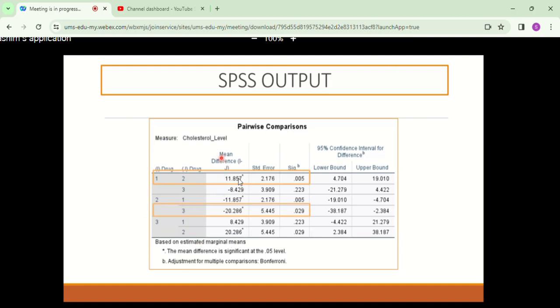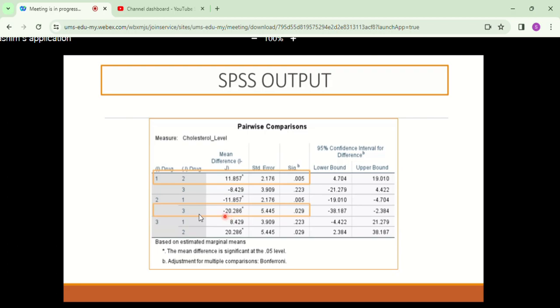So, kalau the mean difference adalah negatif, dia tulis itu I tolak J dapat negatif 20. I itu adalah drug yang kolom pertama. J itu adalah drug pada kolom yang kedua. So, I tolak J maknanya kolesterol level drug 2 minus kolesterol level drug 3, you dapat negatif.